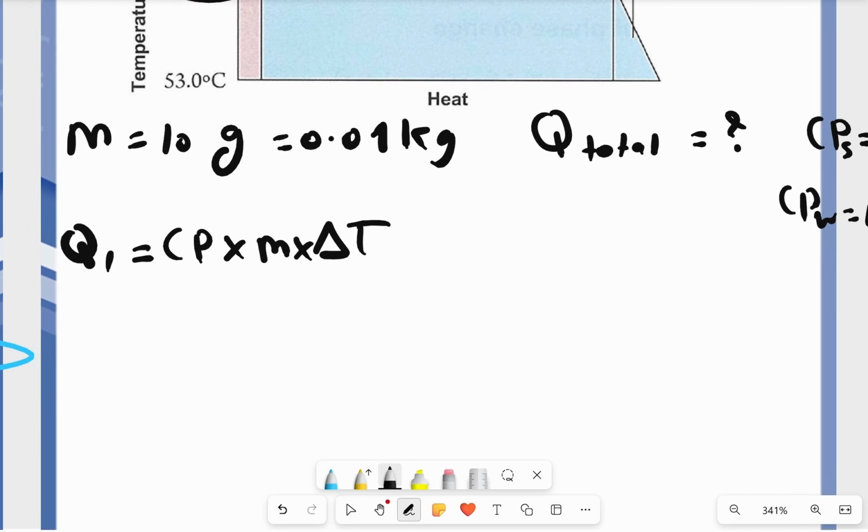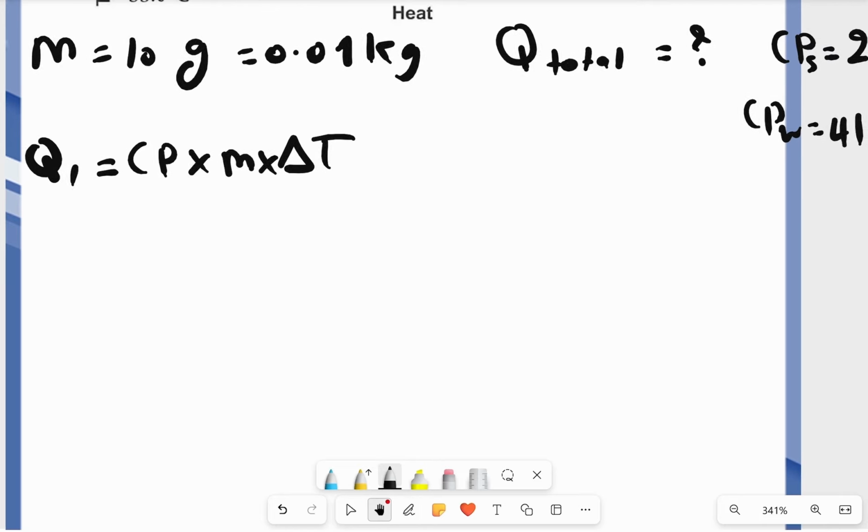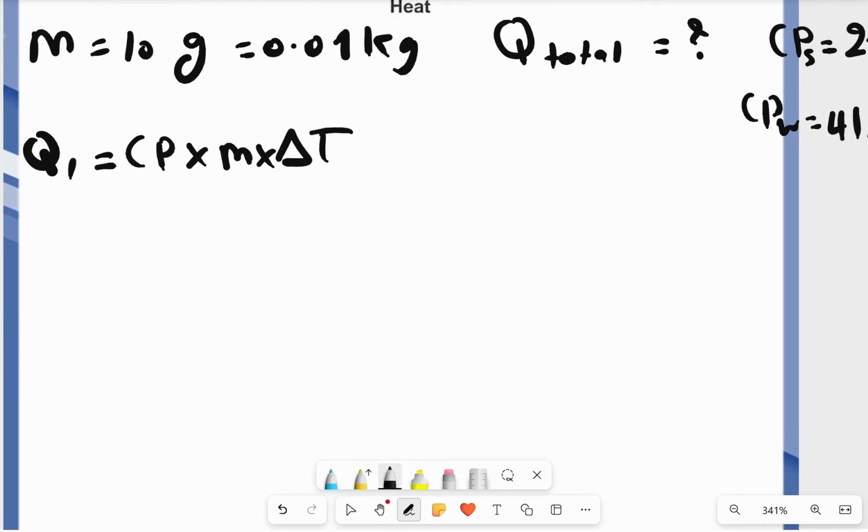Now, this is used when two temperatures are given, when the temperature is not constant. When the temperature is not constant, you are not going to use the equation for latent heat. You're going to use this equation.